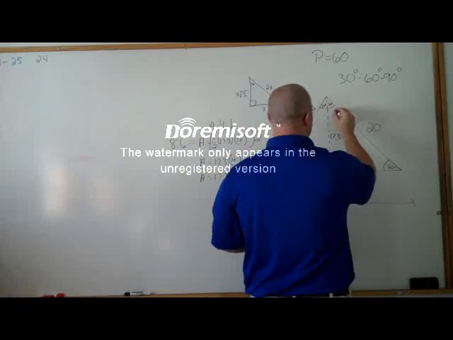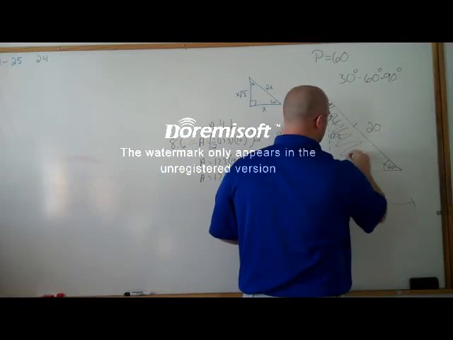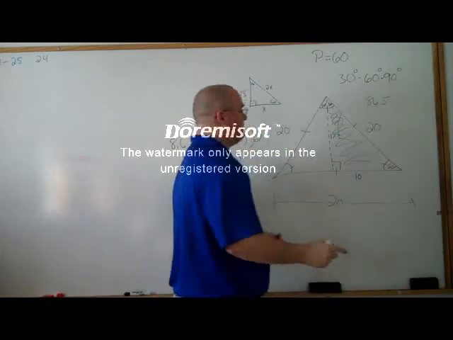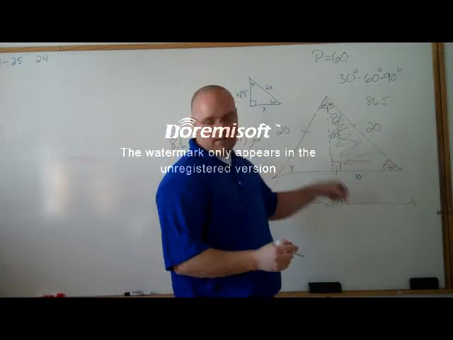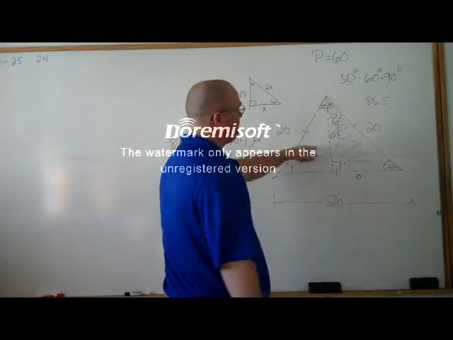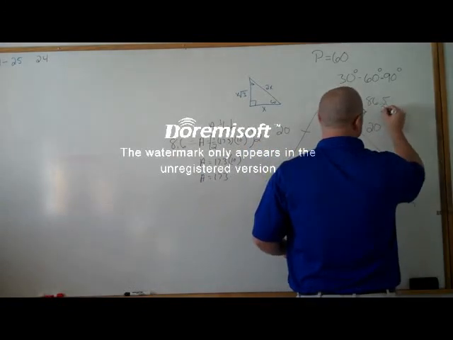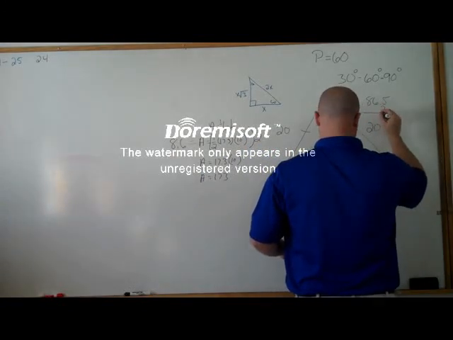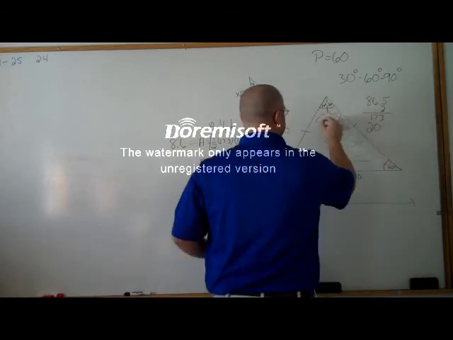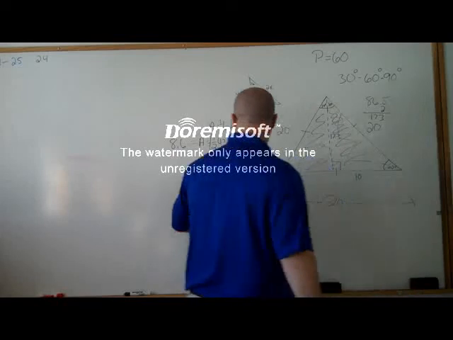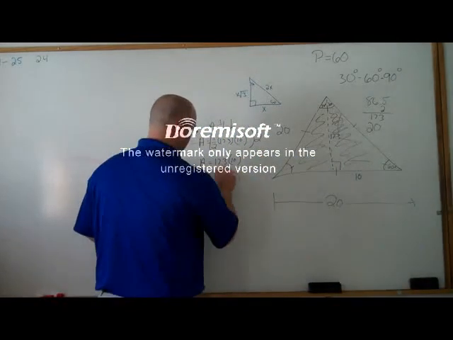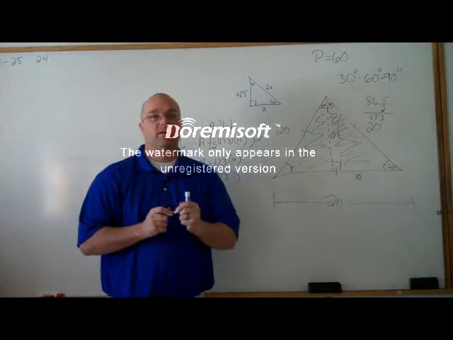So the area of this one piece is going to be 86.5. Now we only found this triangle's area, so we're going to double it. We double it, and it equals 173. It all works out. All right. Any questions on that?